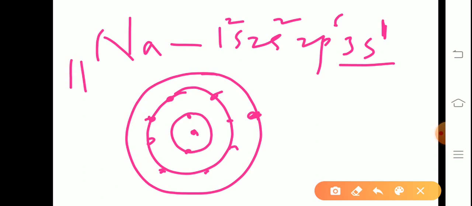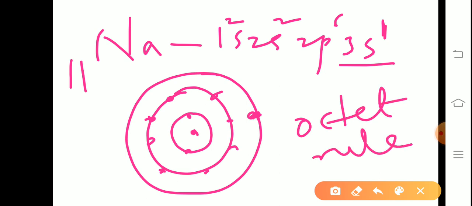Here, according to the octet rule, the sodium atom is ready to lose this outer electron to get stability in the atom. This is totally based on the octet rule.